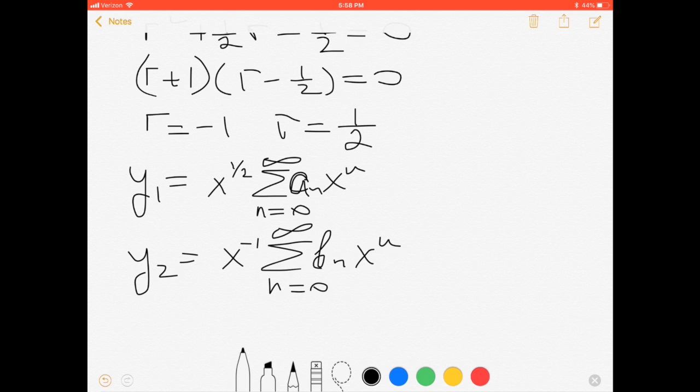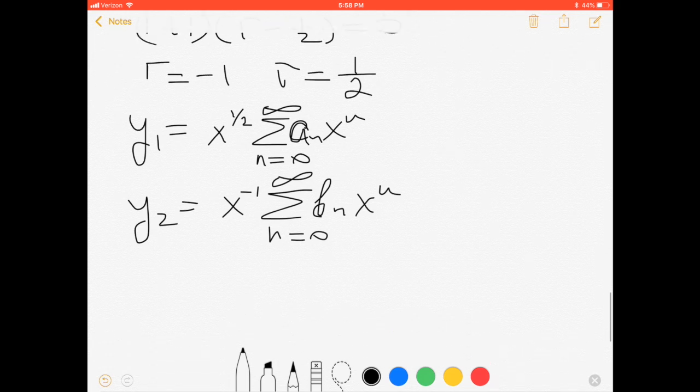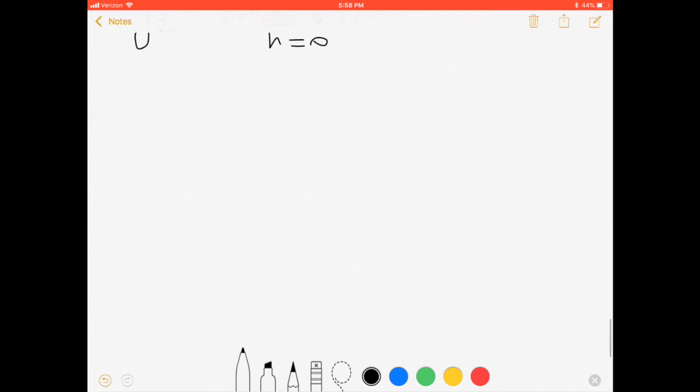And how do we use this method? We study one more very big and very important theorem. We call it theorem number 1 for today.